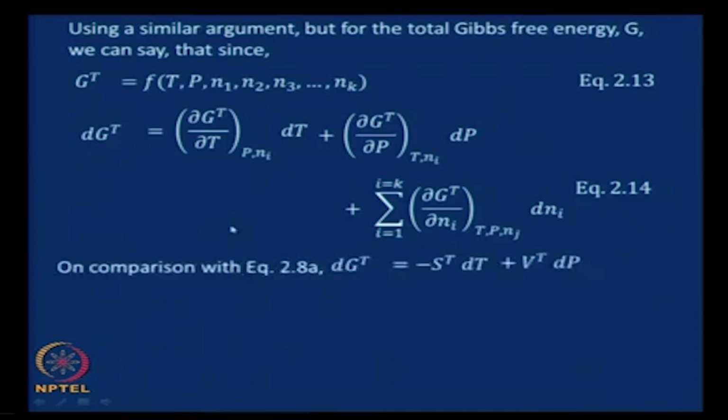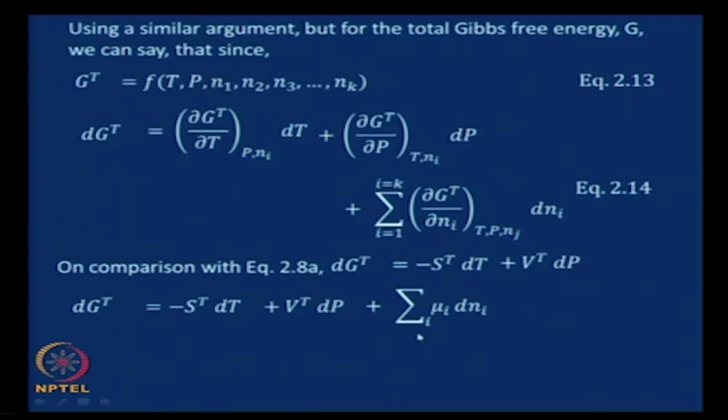If we compare this 2.14 with 2.8a, which is for a pure component system or a single component system, dG_t equals minus S_t dT plus V_t dP, we can write dG_t equals minus S_t dT plus V_t dP plus the remaining term which comes in for the multicomponent case, since for a multicomponent case G_t is a function of the amounts of all the components also.